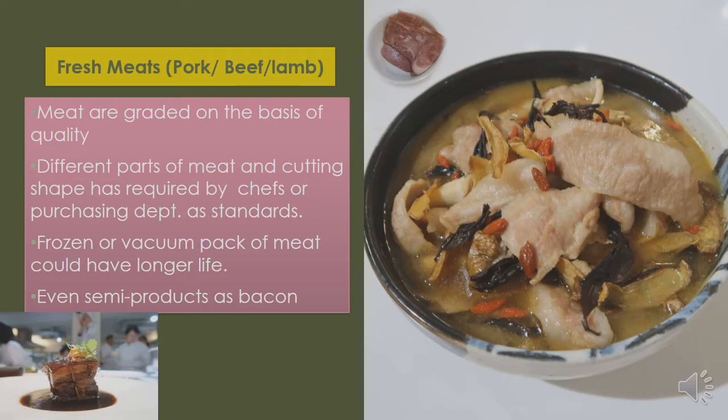And some of them are semi-processed products like bacon, and you need to saute it first, or some of them are smoked first. Alright, so that is how the meat goes. And we also have sausage, which is made in different ways.